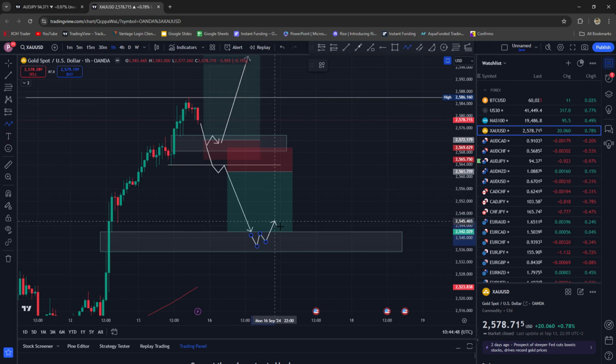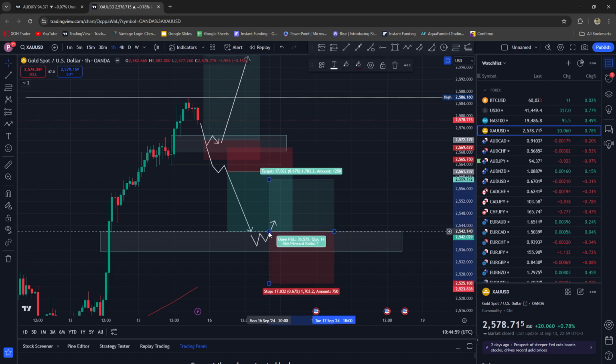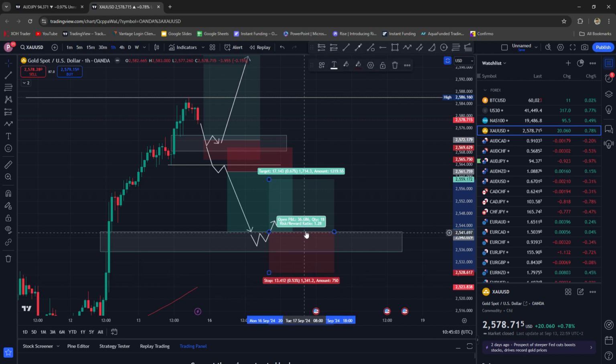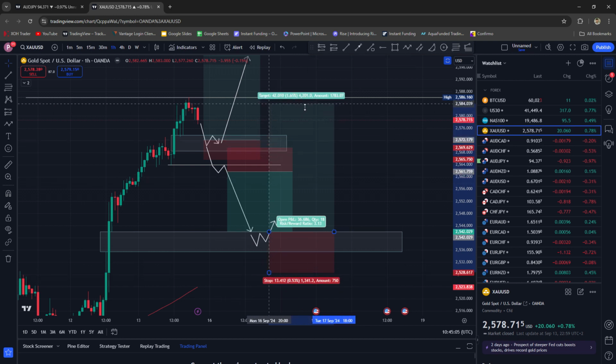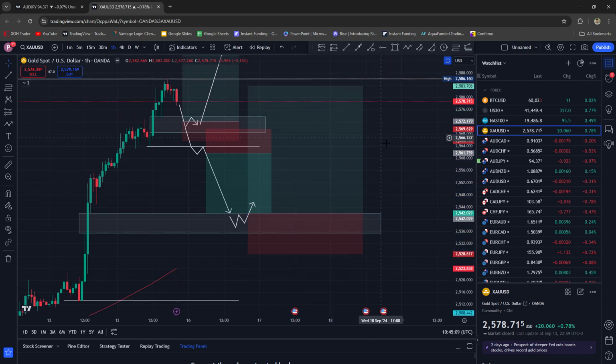Once it's filled and breaks out, we're going to put some buys here. If we see that it's a good trade, we'll put some buys and do a long swing trade here.